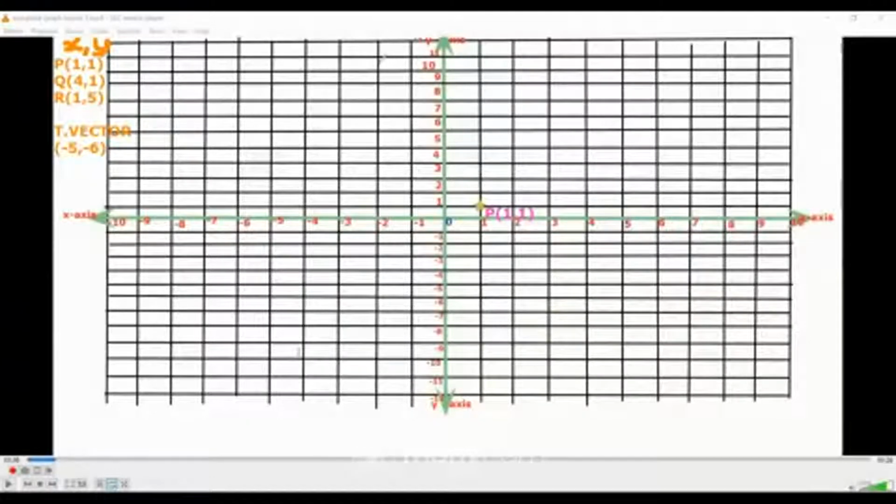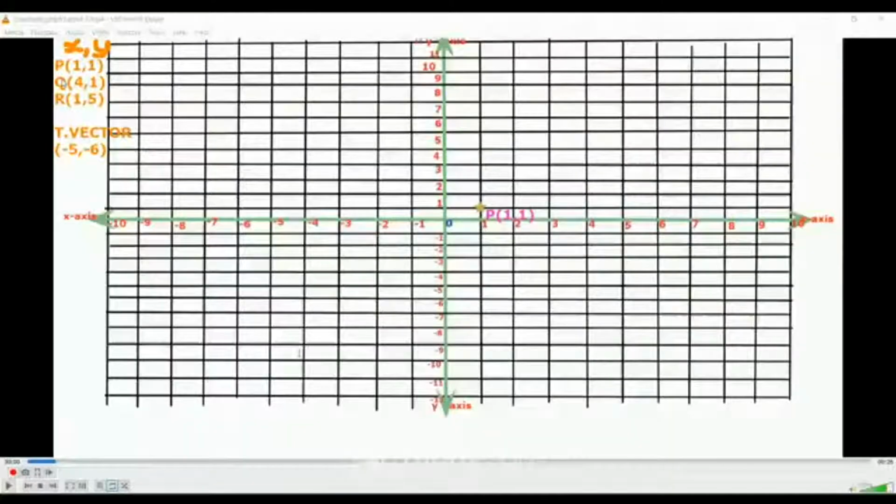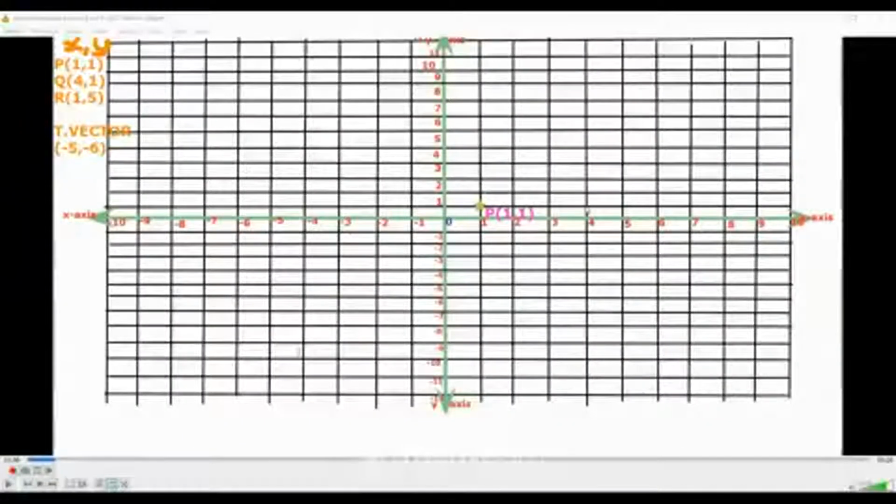Now let's plot the point P. On the x-axis, on the right side, 4, and 1 will also be here. That is point P, (4, 1). So that is 4 and 1.